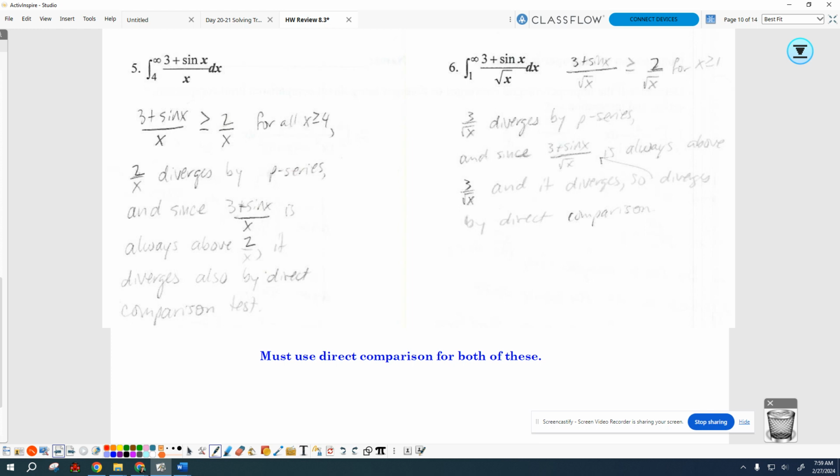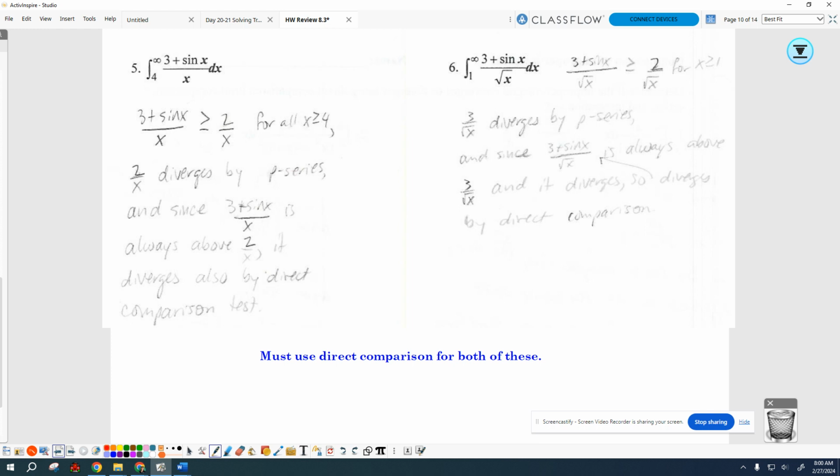Sorry, say your question again. If you're looking at a function over a function and trying to figure out if they both converge or diverge by direct comparison, you said if the top one converges, they both converge, but isn't it that if the bigger one converges, they both converge?